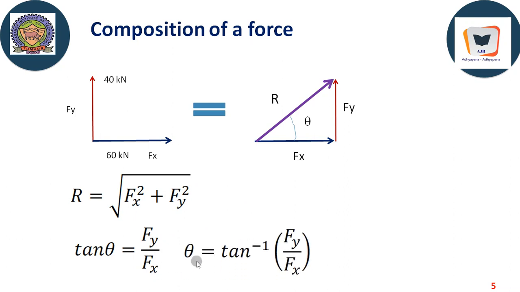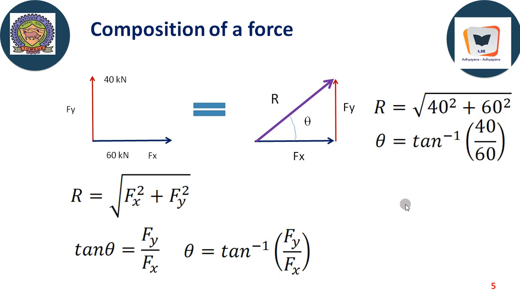Therefore theta equals tan inverse of Fy by Fx. In a typical example, R equals the square root of 40 square, the vertical force squared, plus 60 square, the horizontal force squared, and we get theta equal to tan inverse of 40 by 60, which happens to be 33.7 degrees. And this methodology can be extended to a system subjected to many forces.